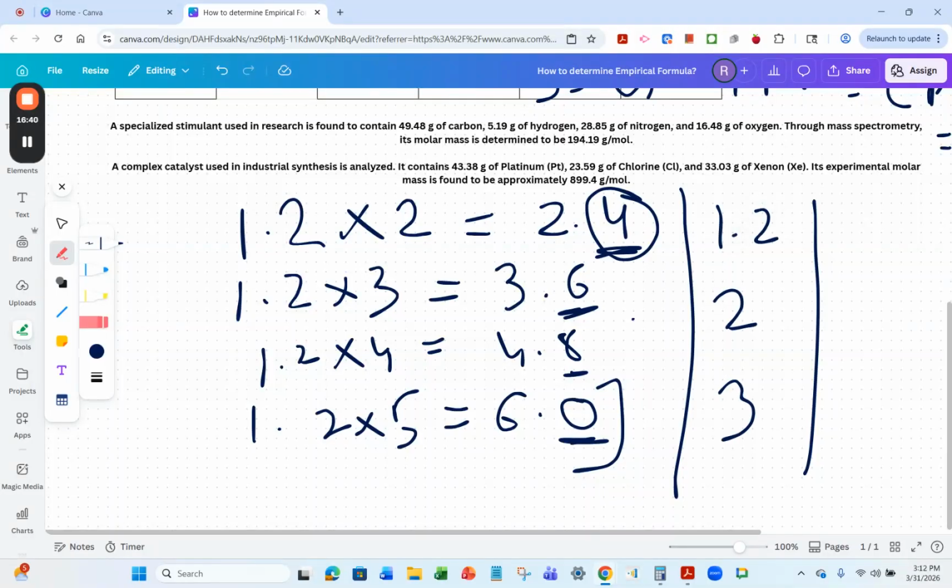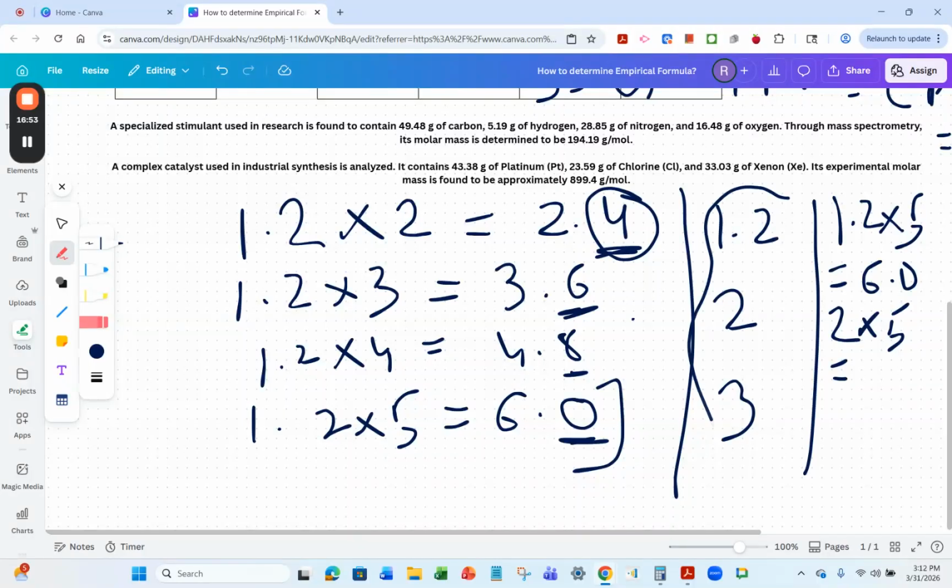So let's say in the fifth column you have 1.2, you have 2, you have 3. You use the 5 to change 1.2 into a whole number. Make sure you multiply the rest of the numbers by the same number also, because they all together make the formula, so they are as a family. So this 2 will change into 2 times 5, which is 10, and this 3 will change into 3 multiplied by 5, which is 15.